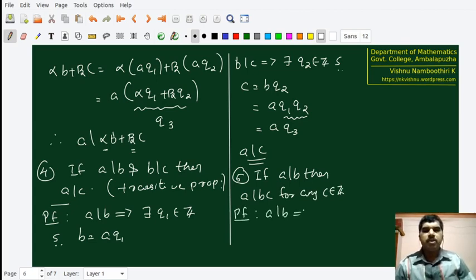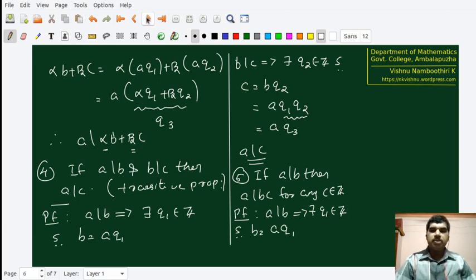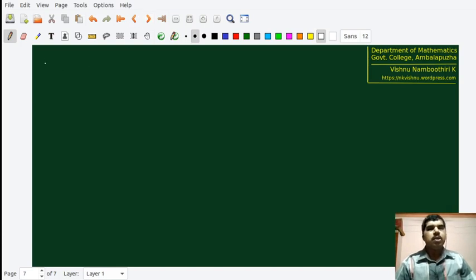Therefore, there exists q1 in Z such that B is equal to A q1. Now we want to see BC. BC is equal to A q1 C, with q1 C clubbed together. Therefore, BC is a multiple of A, or A divides BC. So that's actually a very simple verification.